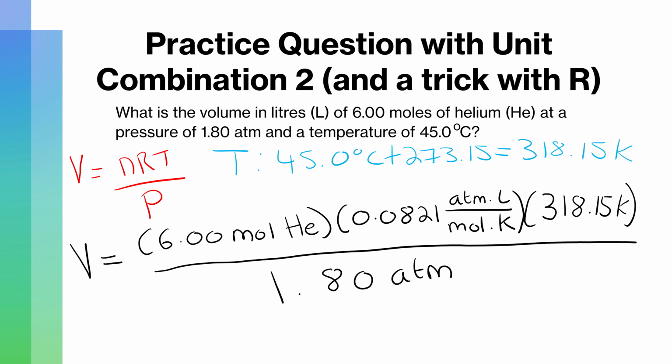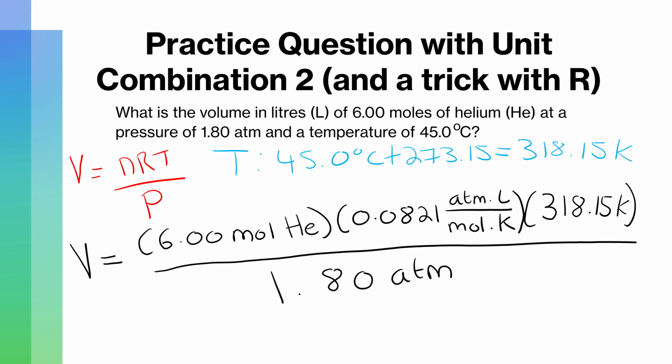V equals 6.00 moles of helium multiplied by the gas constant of 0.0821 times the temperature 318.15 Kelvin and divide that by the pressure 1.80 atmospheres. Now, as I said previously, if we put our values into the rearranged equation as so, we're going to end up with a triple level fraction.